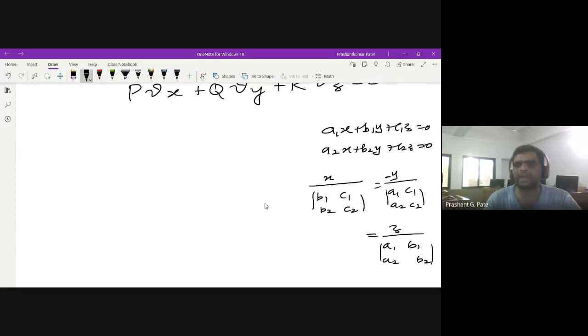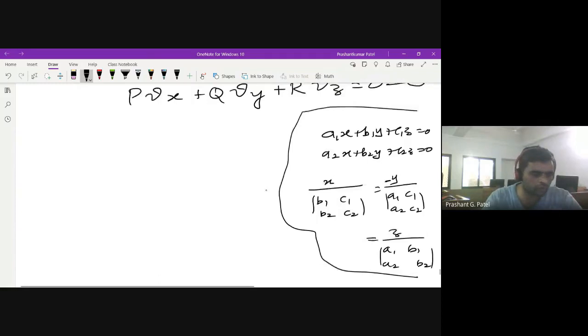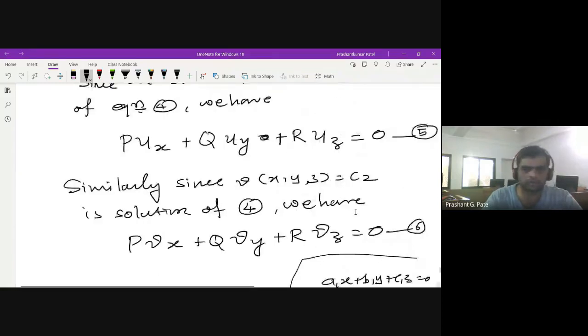That is the way you usually do when you have two linear equations. So here we need to solve these two linear equations.